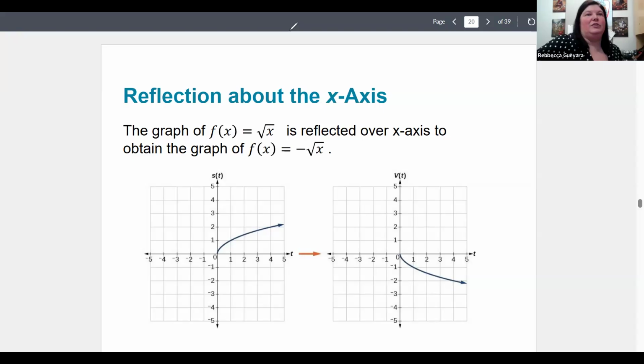Just to show you what this looks like with something that's sitting still, this is going to be f of x equals the square root of x. If I wanted to do this reflection, I want to figure out what f of x is if it was equal to negative f of x. Let's make that g of x.